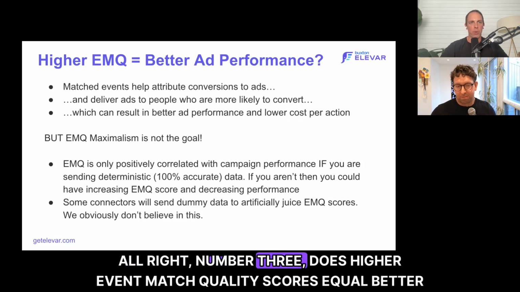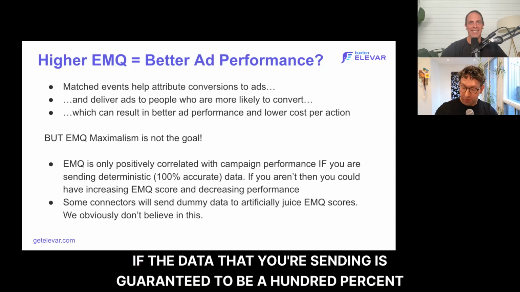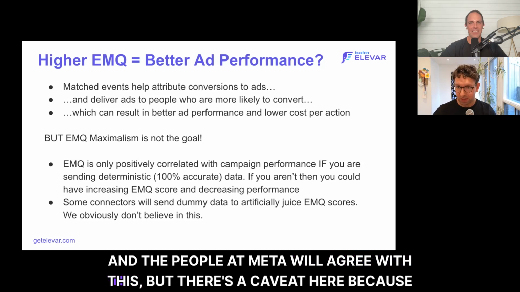All right, number 3. Does higher event match quality scores equal better ad performance? John, drum roll. Yes and no. If the data that you're sending is guaranteed to be 100% accurate, then yes, the answer is yes, and the people at Meta will agree with this.